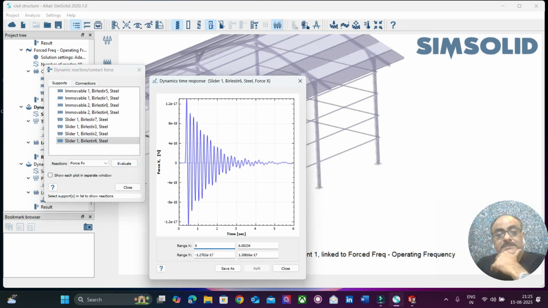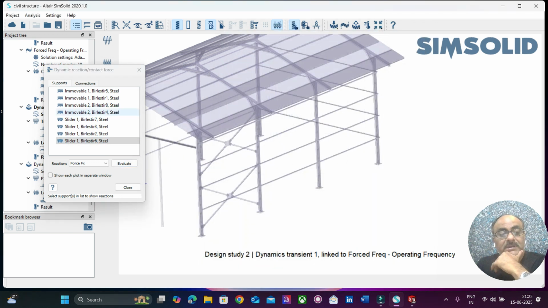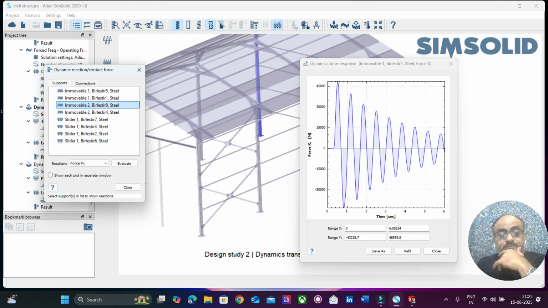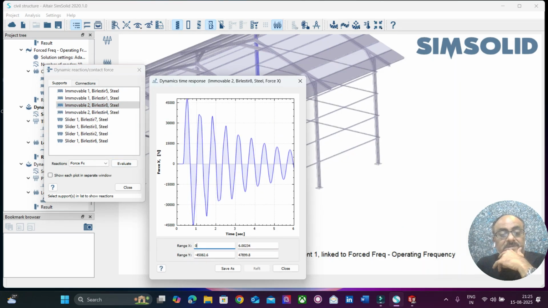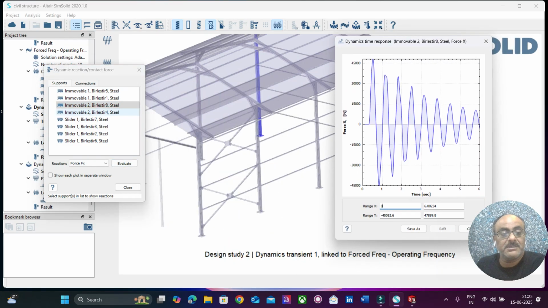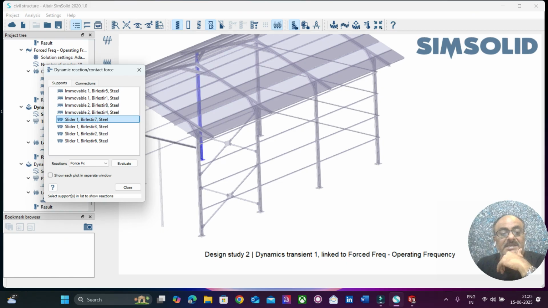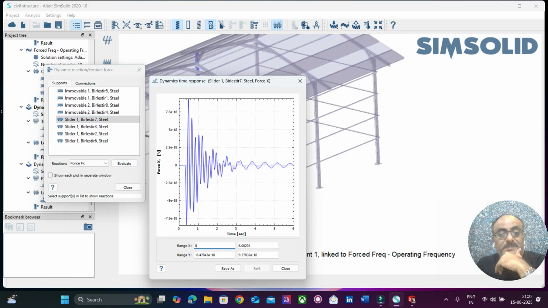Now for all these members we have found this. So this is for the second member. For the third member, this is how it acts. The end members are all fixed, and that's why we get a graph like this, whereas the interior members are all on spring support.